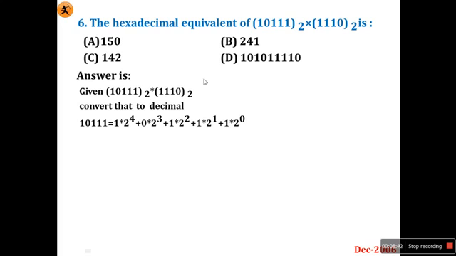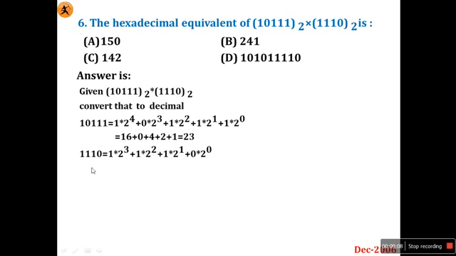Just take powers of 2: 2 raised to 0, 2 raised to 1, 2 raised to 2, 2 raised to 3, 2 raised to 4. So 1 into 2 raised to 4, 0 into 2 raised to 3. You will get the answer 23: 2 raised to 4 is 16, 2 raised to 3 is 0 so leave it, 2 raised to 2 is 4, 16 plus 4 is 20, 20 plus 2 is 22, plus 1, so 23.